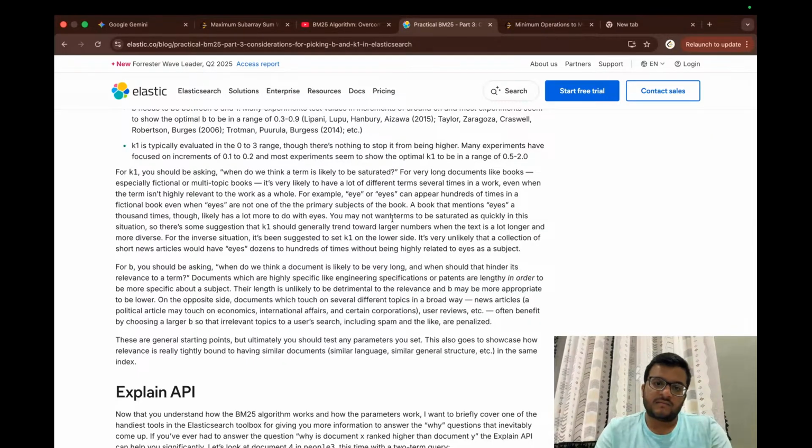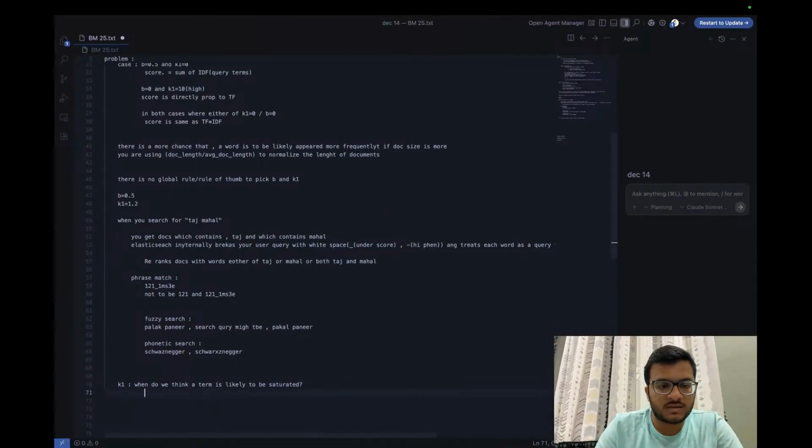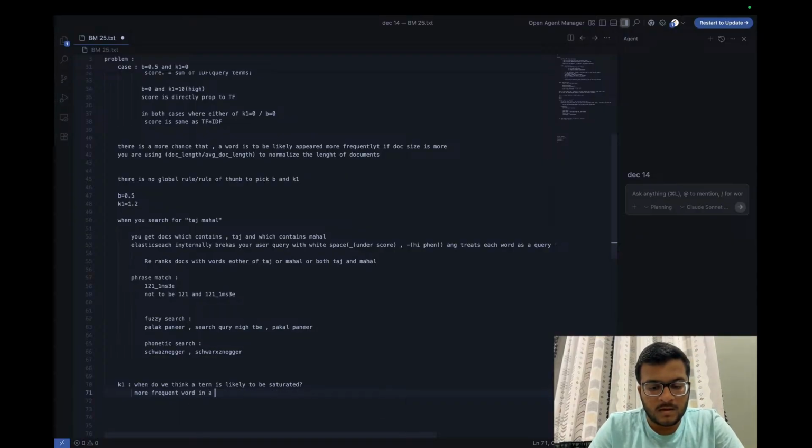What it is trying to say is that a more frequent word in a long document may or may not be important. It's not saying it's not important, it may or may not be.